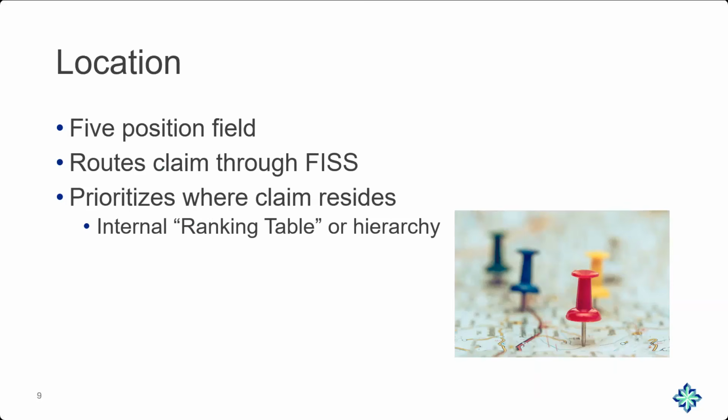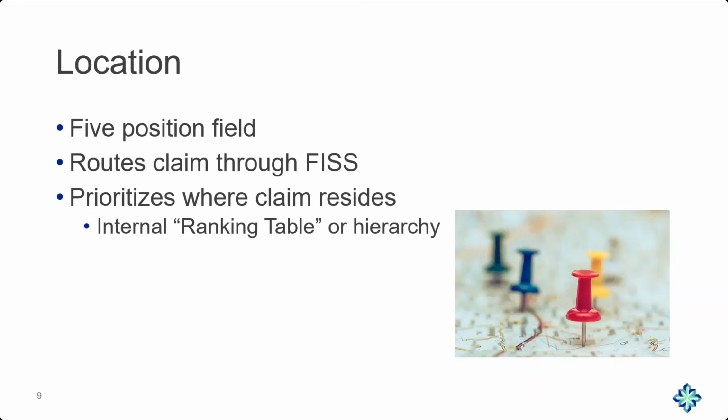Location. Locations are 5 characters that follow the status code. Locations further define what's happening to a claim in a particular status. So it routes the claim through this by telling the system to forward it to a specific site before any other activity occurs.